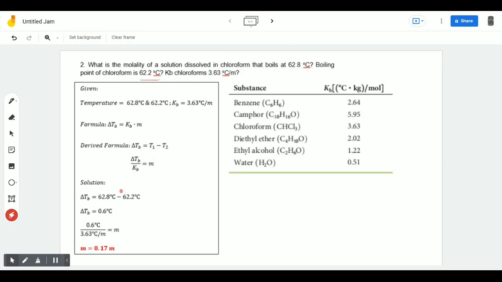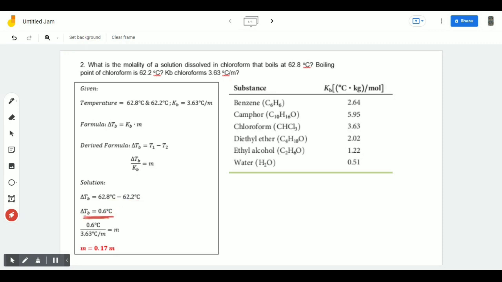Then, ayun, plug in yung dalawang temperature para mahanap si boiling point elevation, which is 62.8 degrees Celsius minus 62.2 degrees Celsius is equals to 0.6 degrees Celsius. Ito yung boiling point elevation.